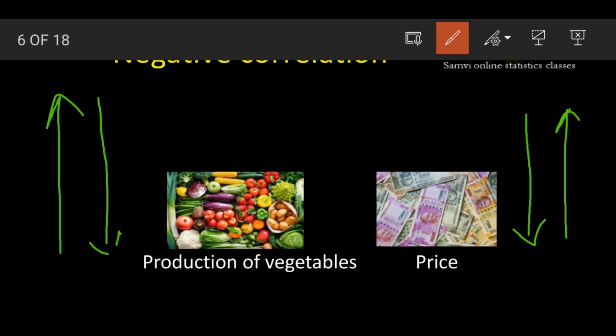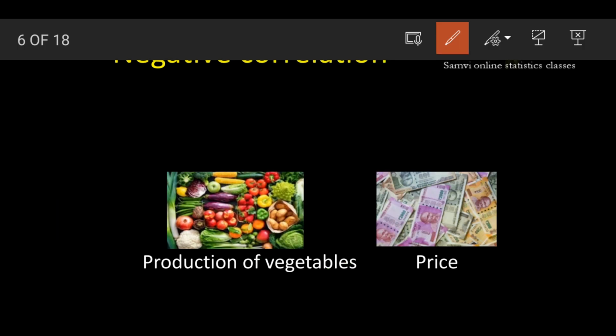Here the variation is observed in the opposite direction. This is not only about vegetables. If you take any product, if the production increases, the price will automatically go on decreasing. Otherwise, if the production decreases, then the price will automatically go on increasing. So this type of variation observed in the opposite direction is known as negative correlation.